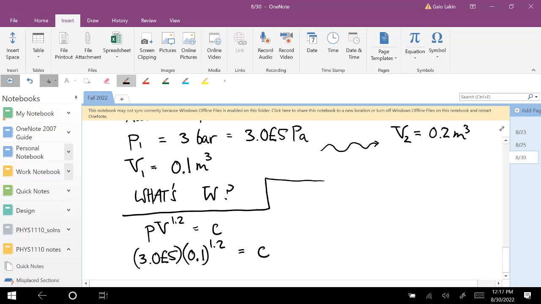And that's equal to C, and that just lets us calculate C directly. So C is equal to 18,928.7. And it has some units, but our units are in SI, so we know everything's going to work out, so I'm just going to treat that like a number.